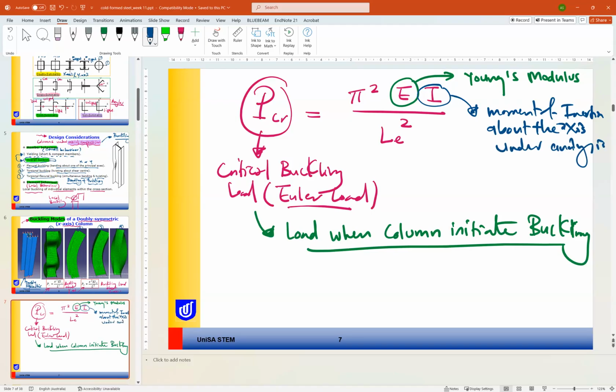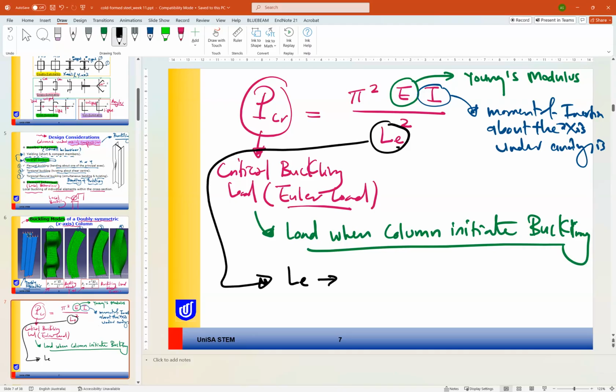So if you are studying buckling about X, so IX. If you are studying buckling about Y, so IY. L effective is what? LE is the effective or buckling length of the column.